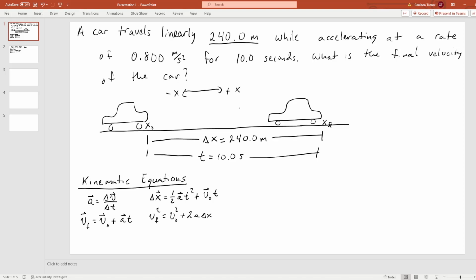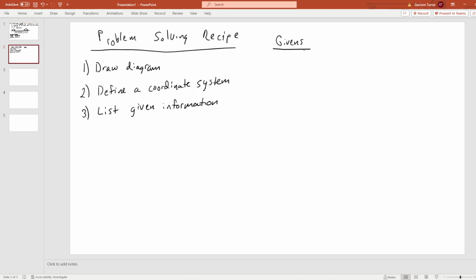And out of your kinematic variables, the only one that has length is displacement. So that's telling you this is your delta x, 240 meters.